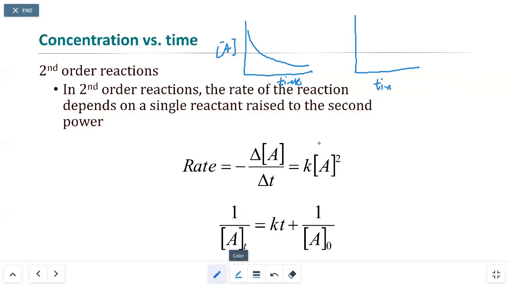And the manipulation for second order is the reciprocal. 1 over the concentration of A will give us this linear plot. The difference, since we are looking at a reciprocal, is that over time it's going to increase rather than decrease.